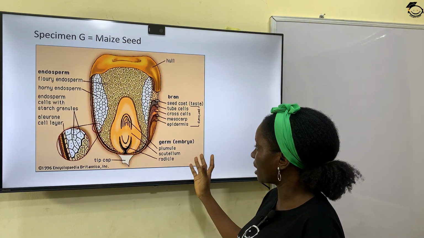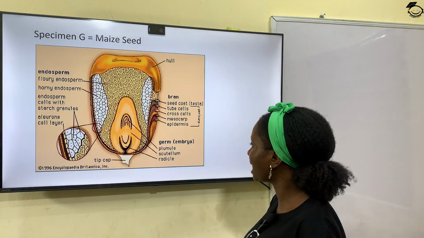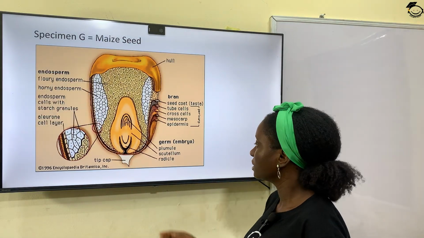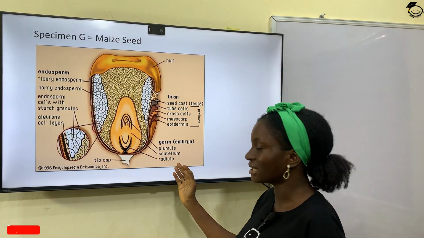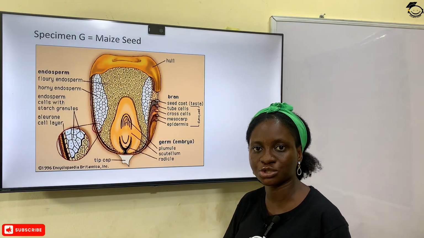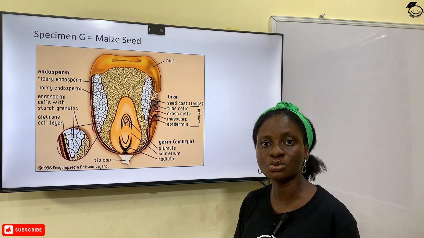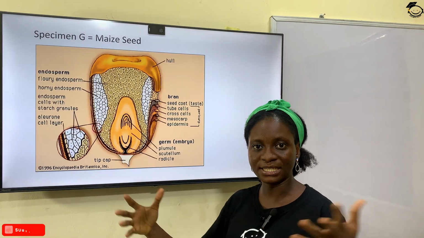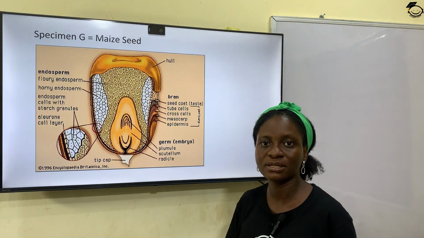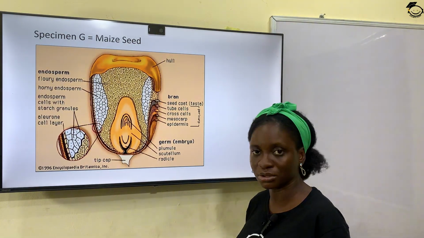Then the embryo, that consists of the plumule, the scutellum, and the radicle. The plumule is like the first shoot, embryonic shoot that turn into stem and leaves. Then the scutellum helps in nutrient absorption.